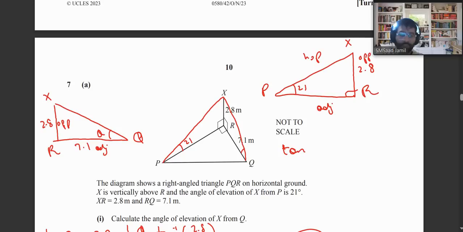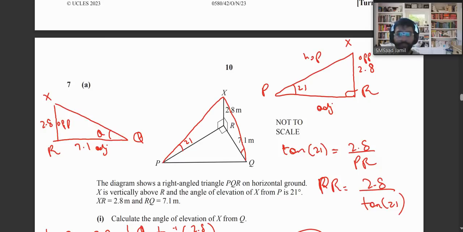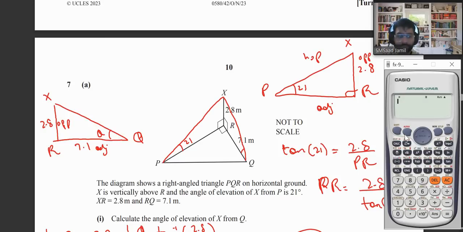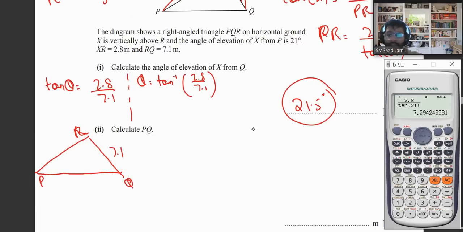So tan 21 is equal to 2.8 upon PR. So PR is equal to 2.8 divided by tan 21. So it's 7.29. So this thing is 7.29.